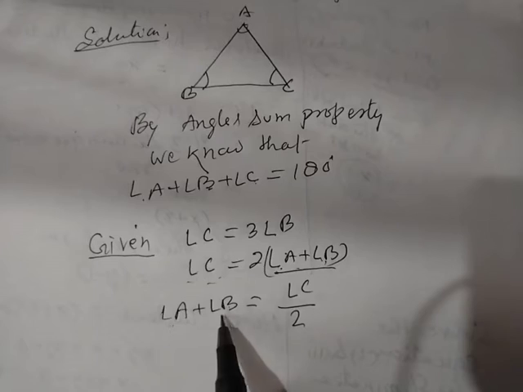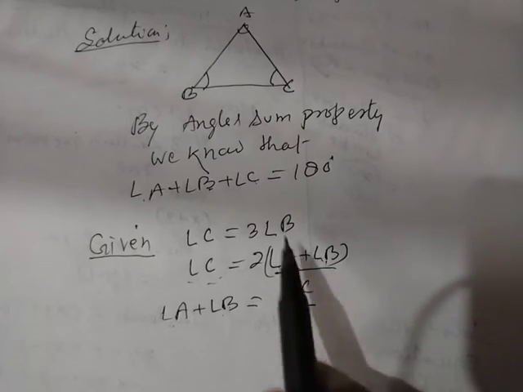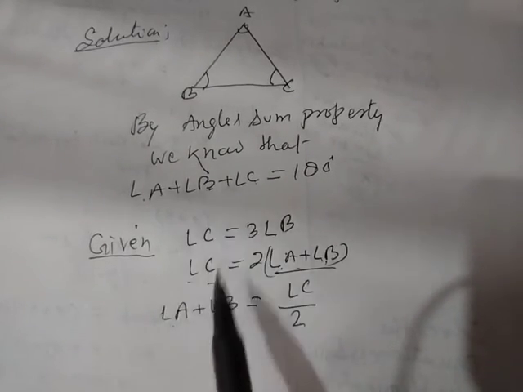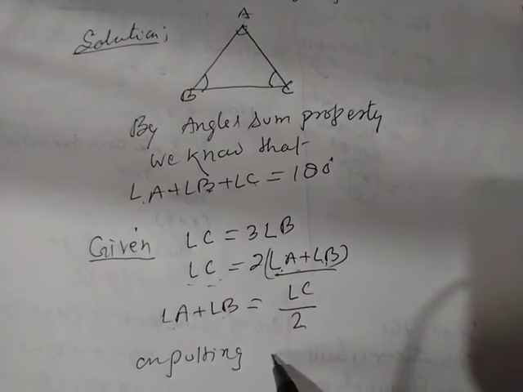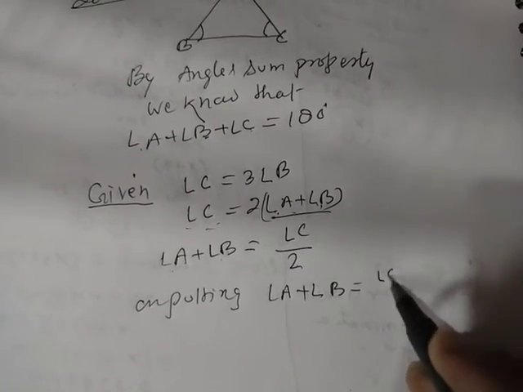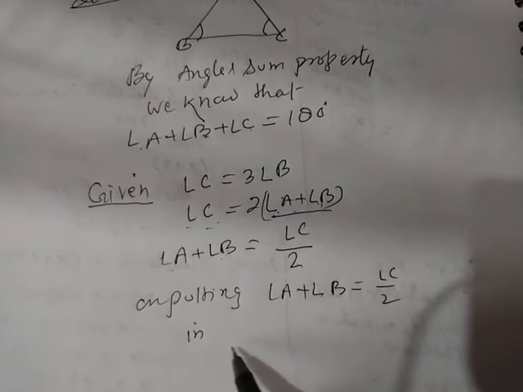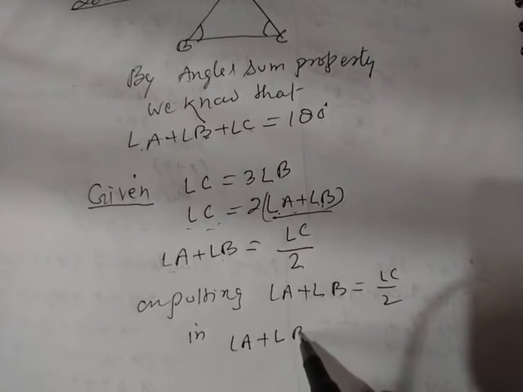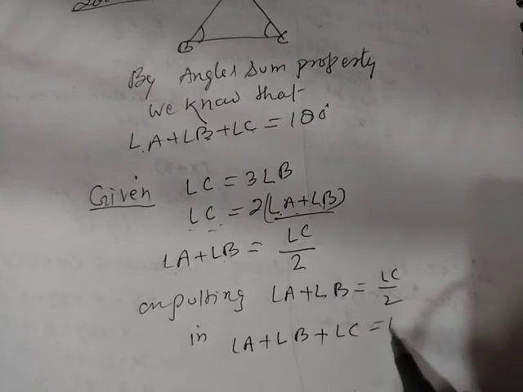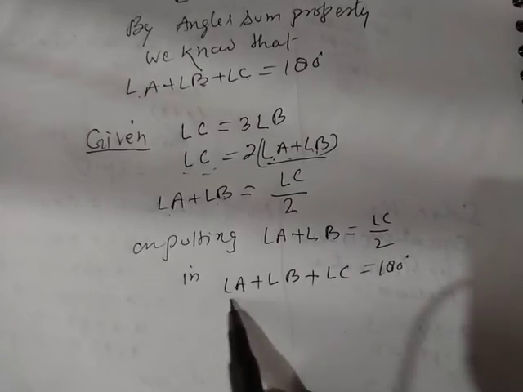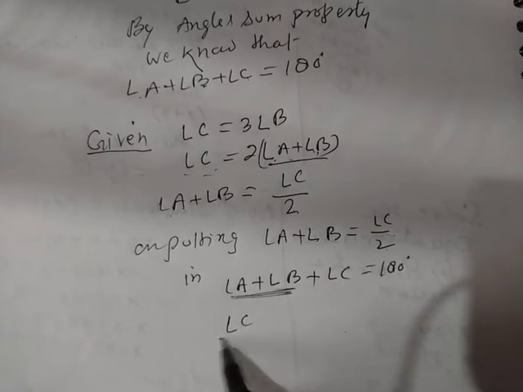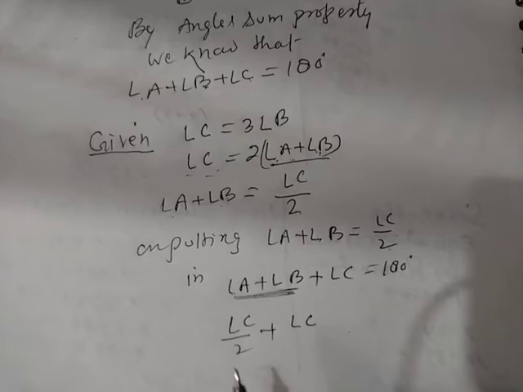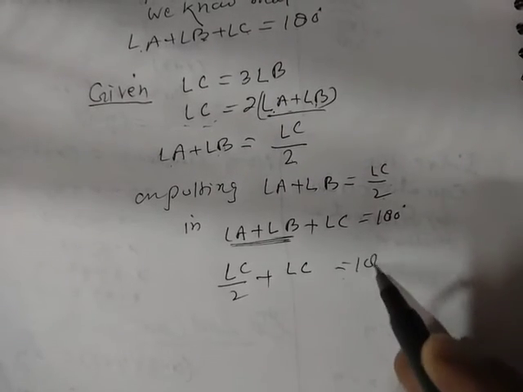On putting angle A plus angle B equal to angle C by 2 in angle A plus angle B plus angle C equal to 180, we get angle C by 2 plus angle C equal to 180.